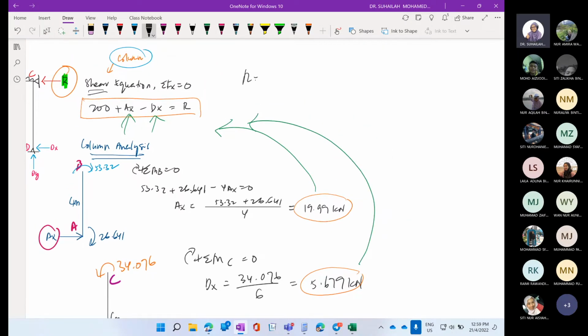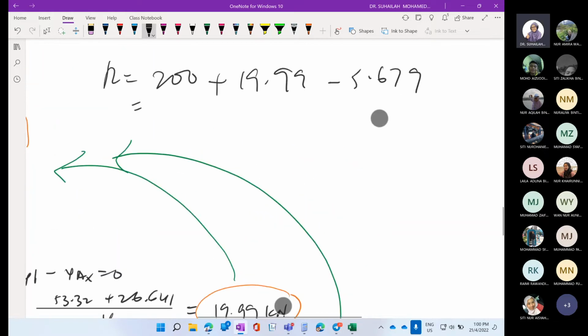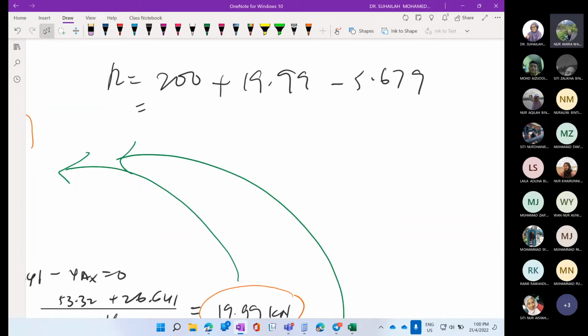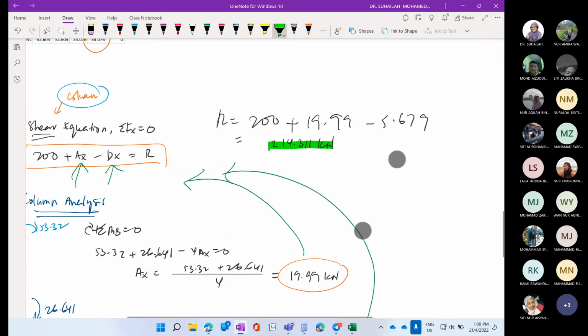R is equal to 200 plus 19.99 minus 5.679, which equals 214.311 kilonewton. So this will be the R value.